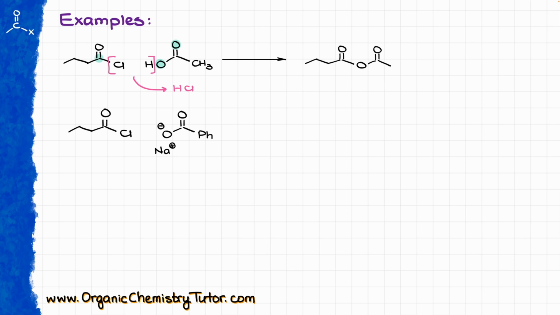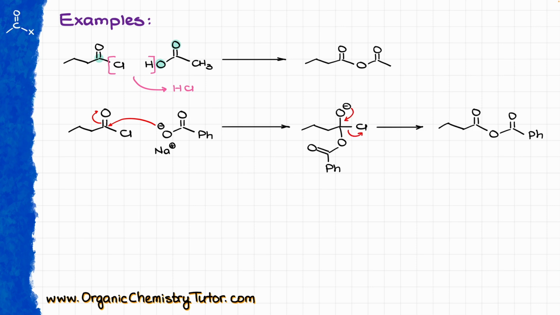We have a minus on the oxygen, so in this case, the reaction is going to proceed in a very similar fashion, but we're not going to have a funky looking proton transfer in the middle. So now my oxygen is going to attack the carbonyl right away, giving me a corresponding tetrahedral intermediate, from which point we are going to lose our chlorine and get the final product looking something like that.